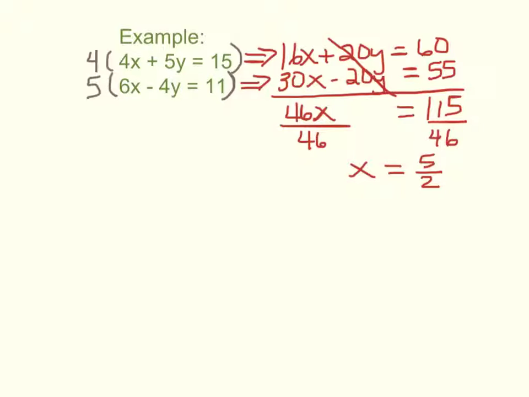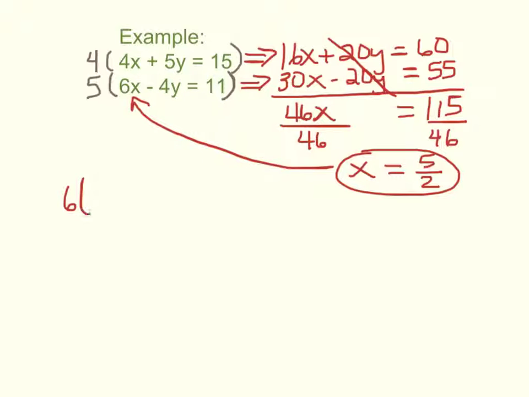Once I've got my 5 halves, x equals 5 halves, I'm going to plug it in to either one of my equations and solve for y. So I'll plug it in right here. So 6 times 5 halves minus 4y equals 11.